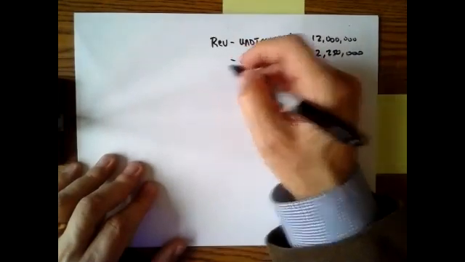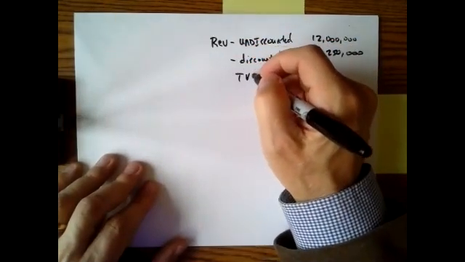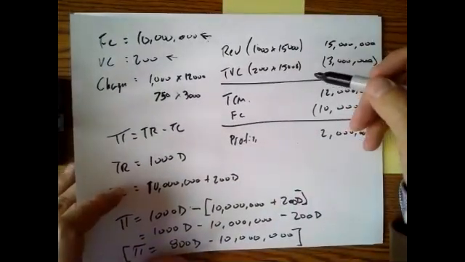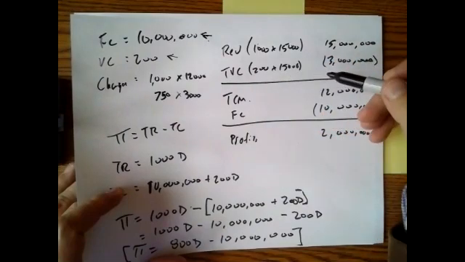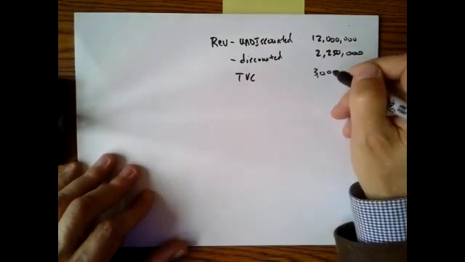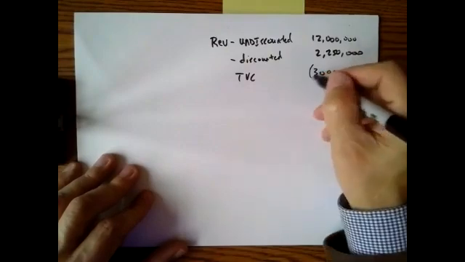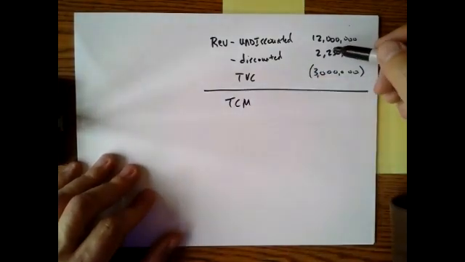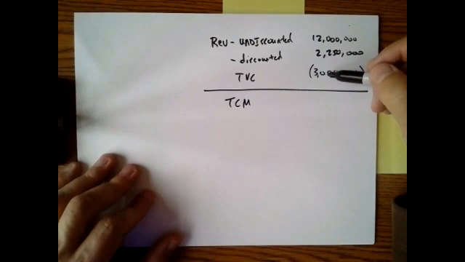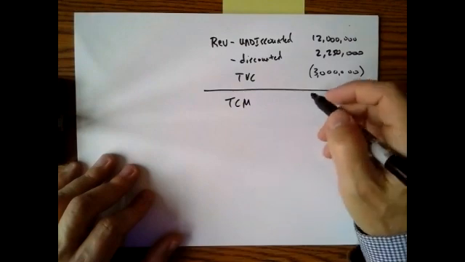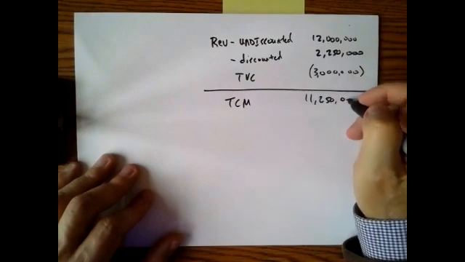We're still going to have total variable costs of the same amount, right? Just because we're changing our revenues doesn't mean that our variable costs change. So we still have 200 times 15,000, or 3 million, in variable costs. So our total contribution margin is 14,250,000 minus 3 million, which gives us 11,250,000.